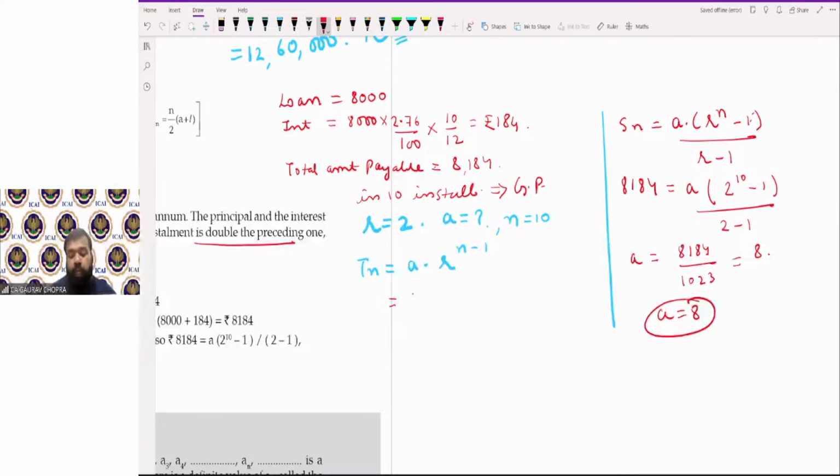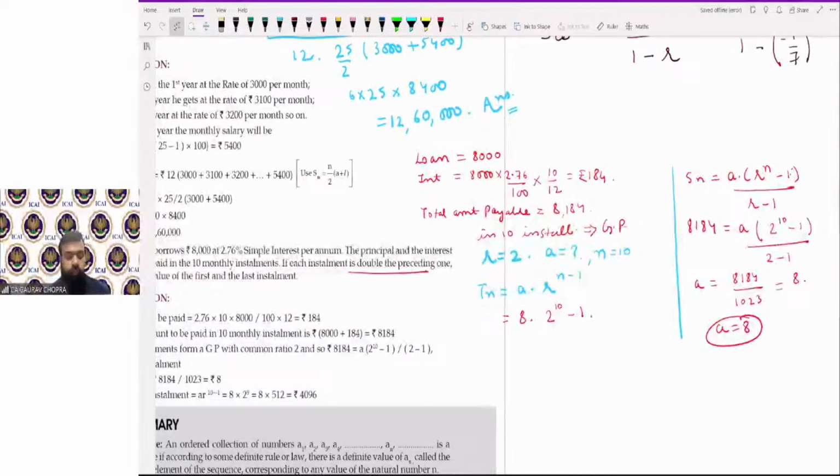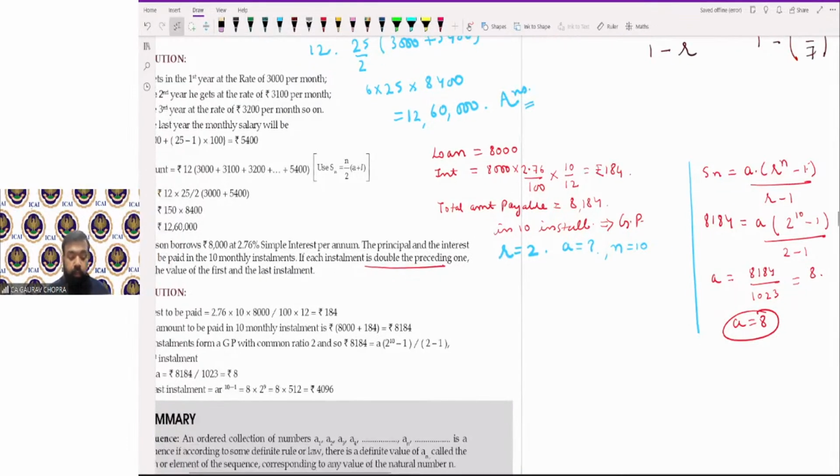Now apply the formula of Tn: 8 into 2 to the power of 10 minus 1. Now you can get your answer. Write it properly, the formula we wrote will be different. So Tn is equal to 8 into 2 to the power of 10 minus 1.